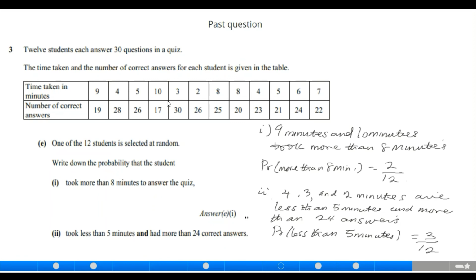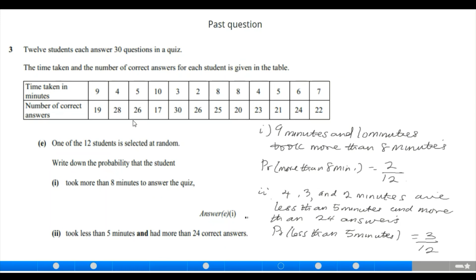Now the next one asks for the probability that the student took less than 5 minutes and answered more than 24 questions correctly. So we look at students who took less than 5 minutes and answered more than 24 questions correctly.